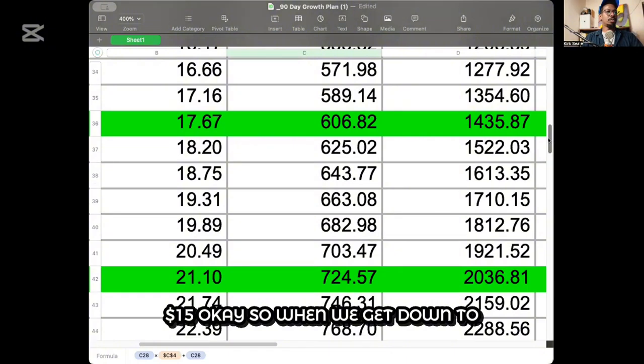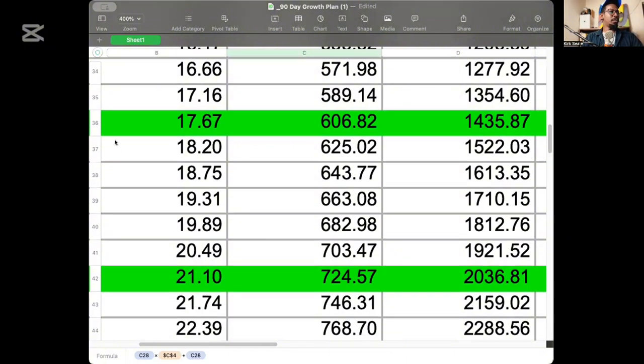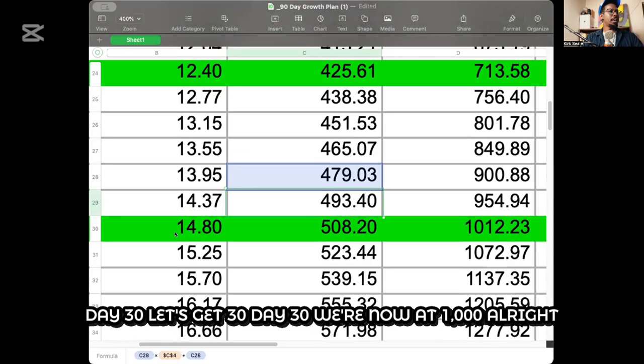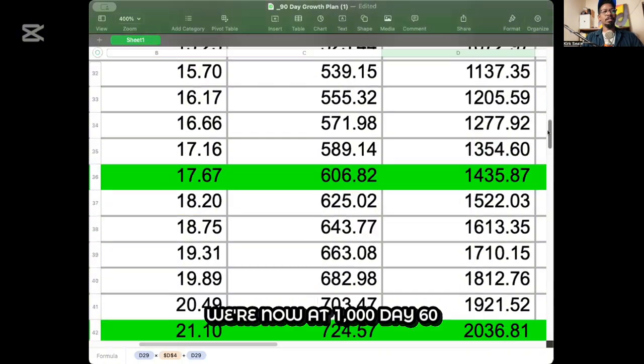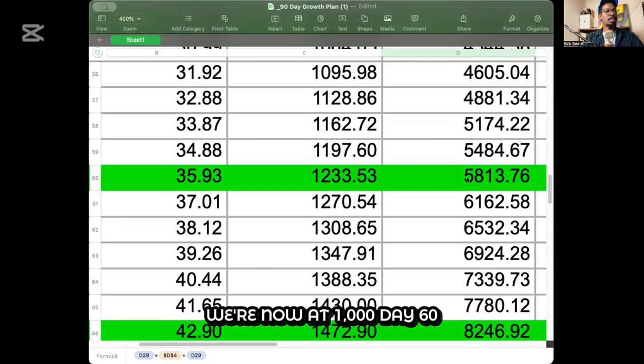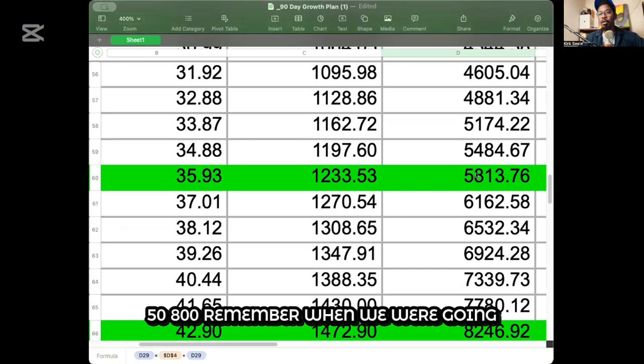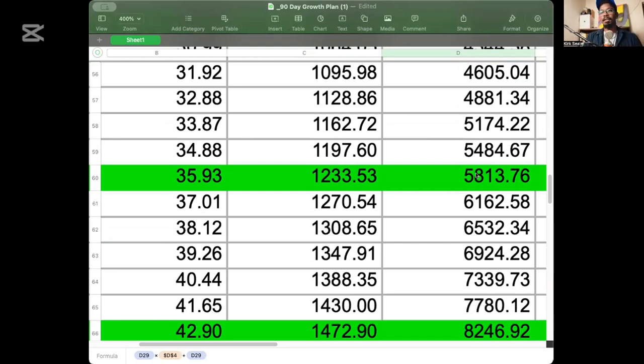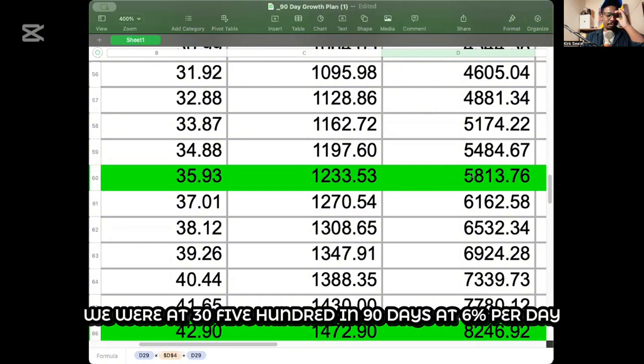Okay. So when we get down to day 30, we're now at 1,000. Day 60, 5,800. Remember, when we were going 1 to 1, gaining only 3% per day, we were at 3,500 in 90 days.